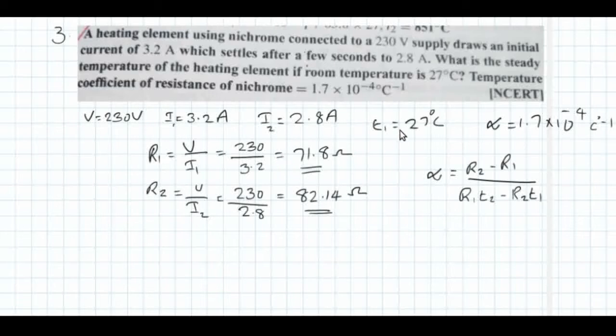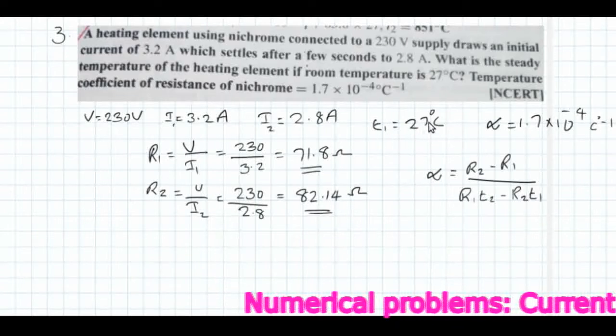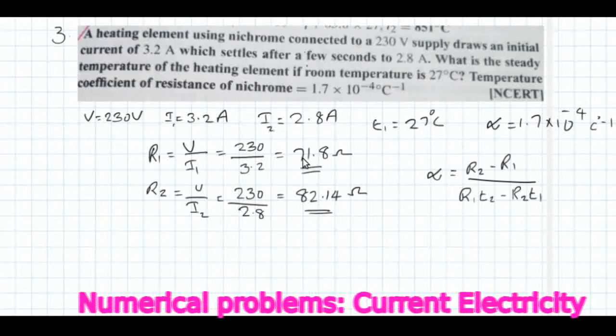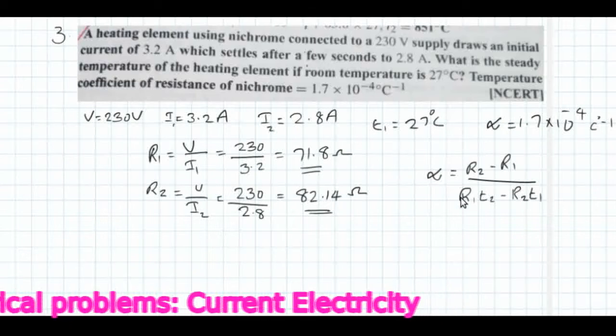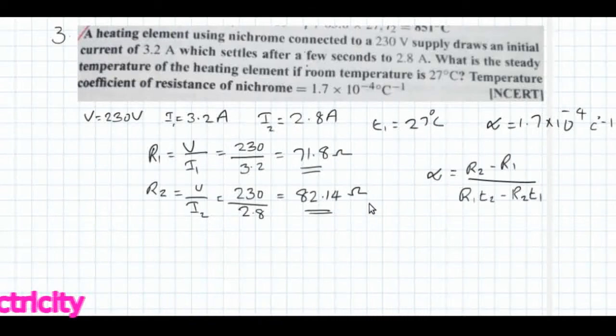So normally that will be the temperature of the wire, and after some time when the current falls to 2.8 ampere, the temperature of the wire will be increased. So T2 is the temperature corresponding to the resistance 82.14 ohm.